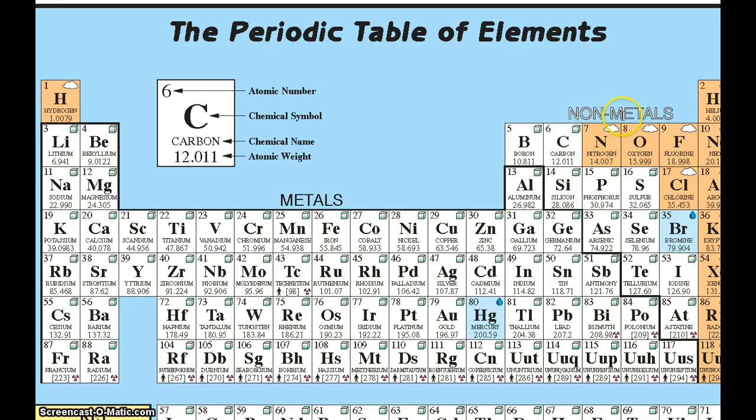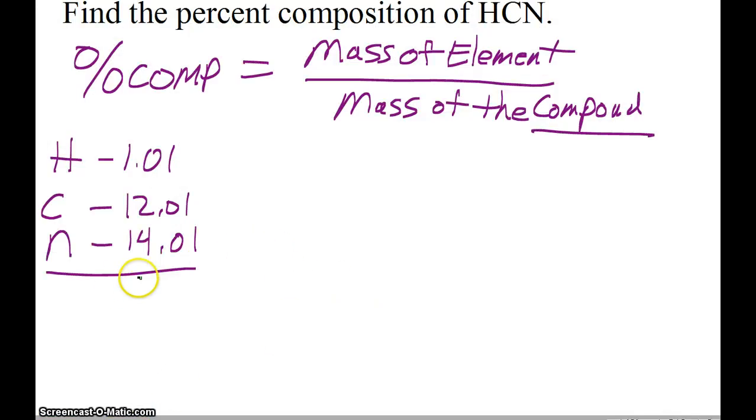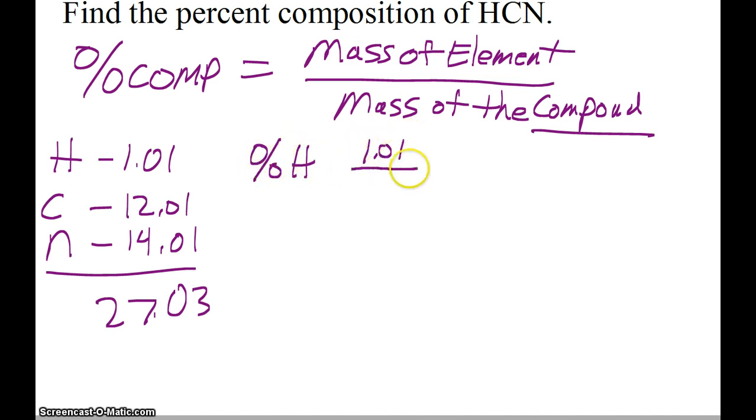Yep, 14.01. That one always trips me up. So if we add those all together, we get 27.03. Now we need to find the percent composition. So for the percent of hydrogen, we take the mass of the element, 1.01, divided by 27.03.